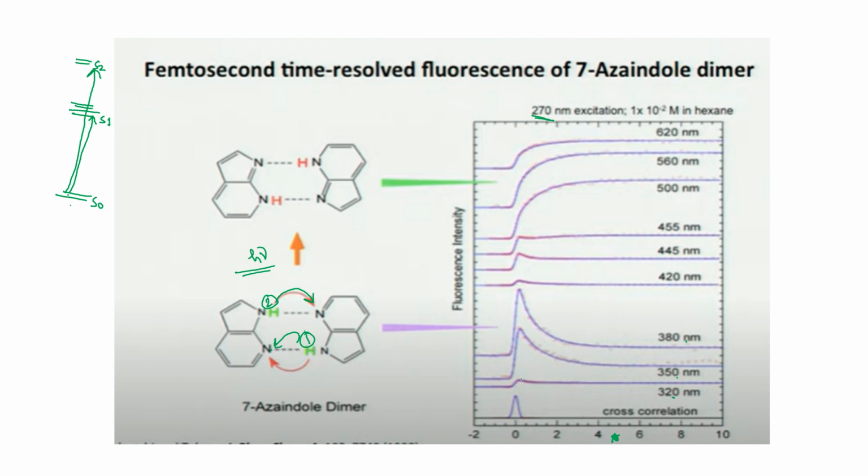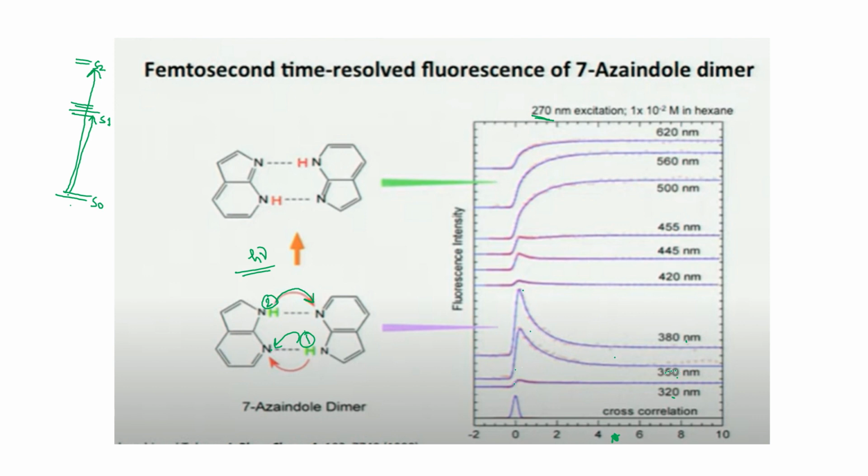Now you will observe that initially at 320 nanometer there is a very short rise with a decay. When you record the emission at 350 nanometer, you see quite a high intensity signal and a decay, which states that at 350 nanometer there is some emission occurring which has a decay in this range.